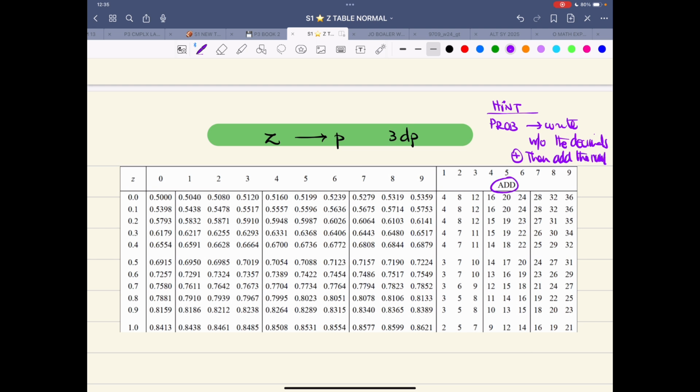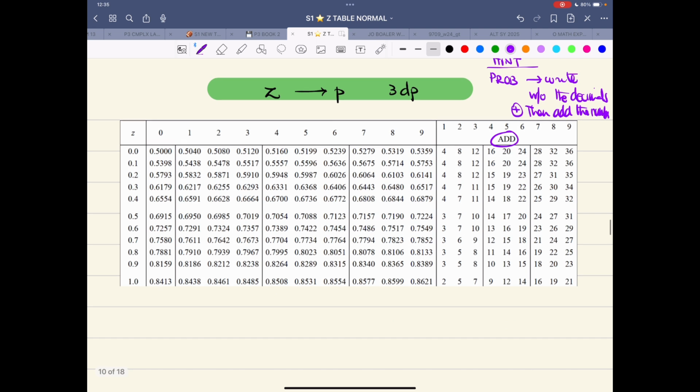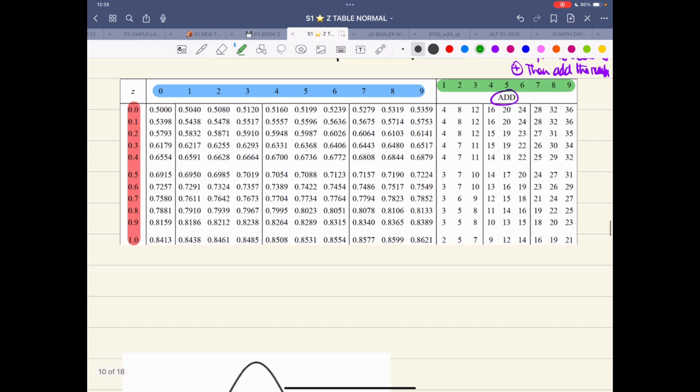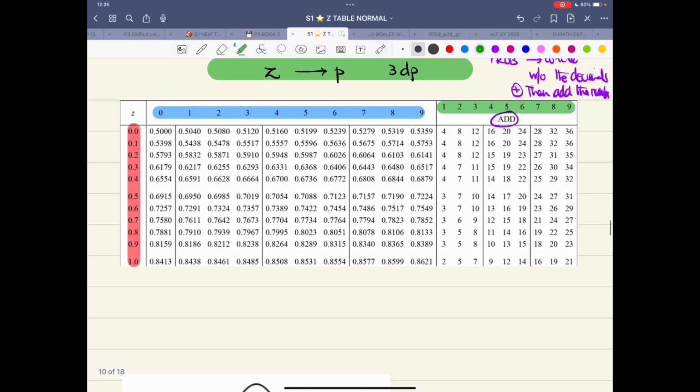Let me show you the examples. Now over here, we are interested in this column, and this column, and then we are also interested in this column. So this is technical.